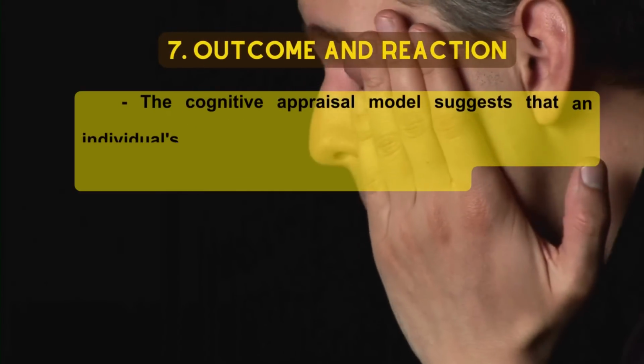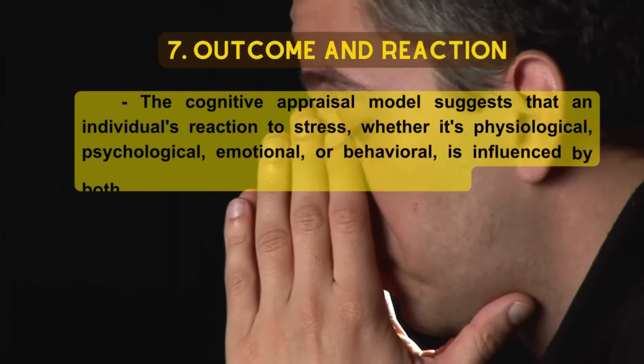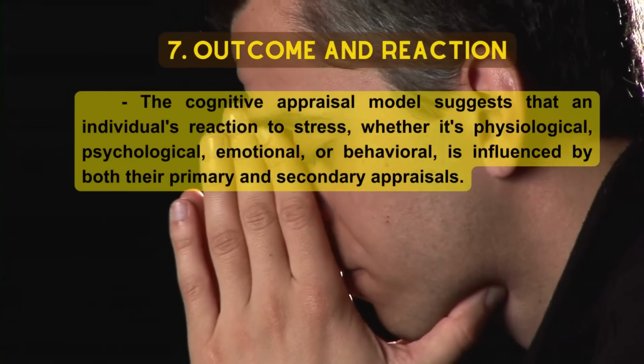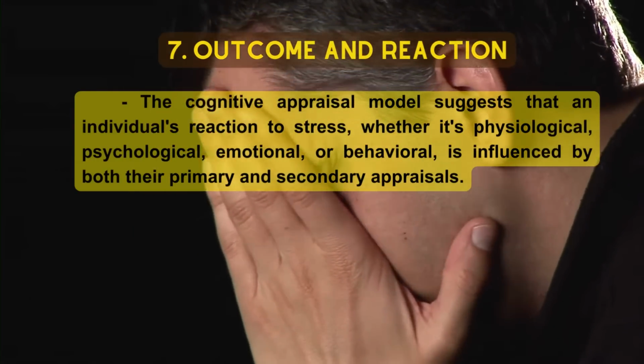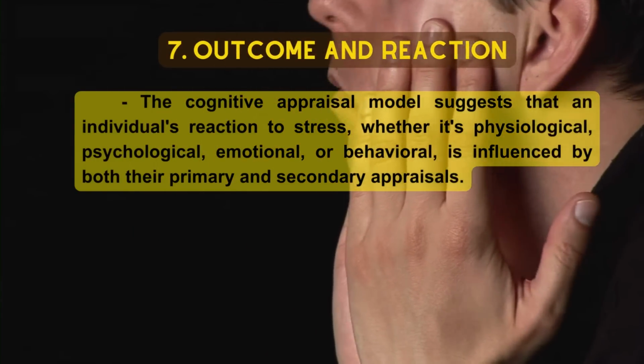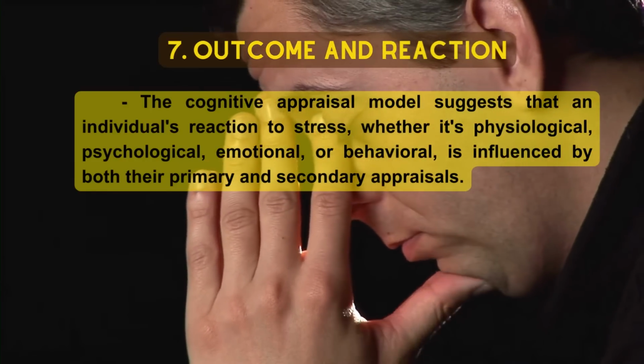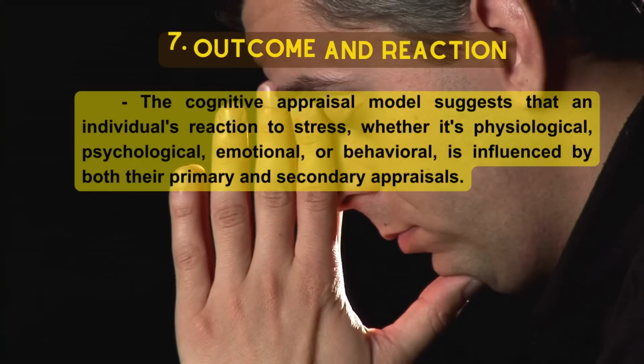7. Outcome and reaction. The cognitive appraisal model suggests that an individual's reaction to stress, whether it's physiological, psychological, emotional, or behavioral, is influenced by both their primary and secondary appraisals.